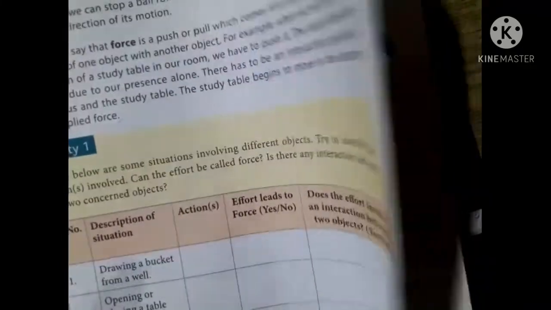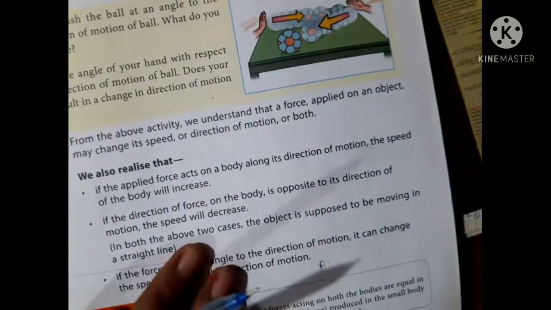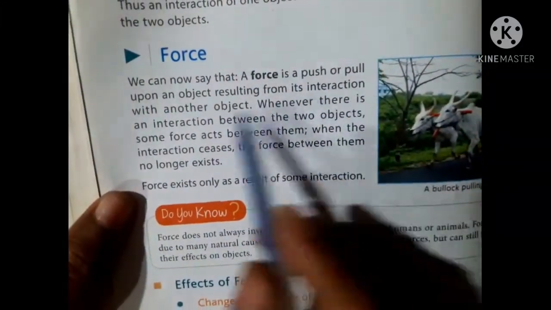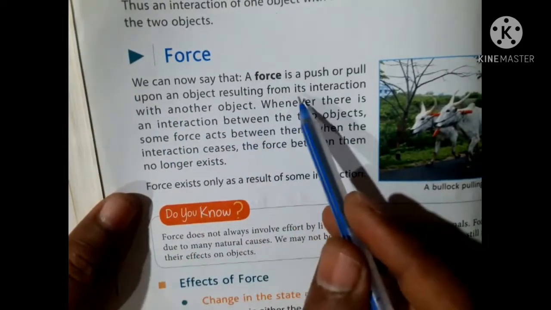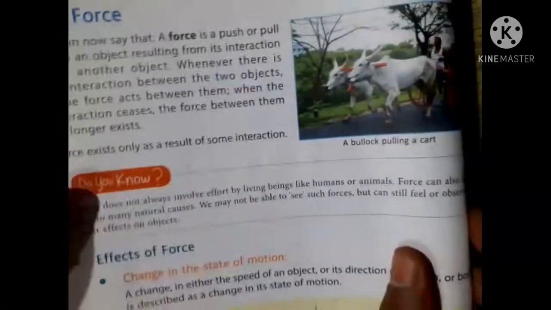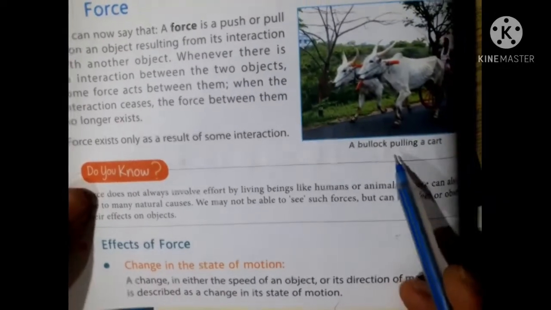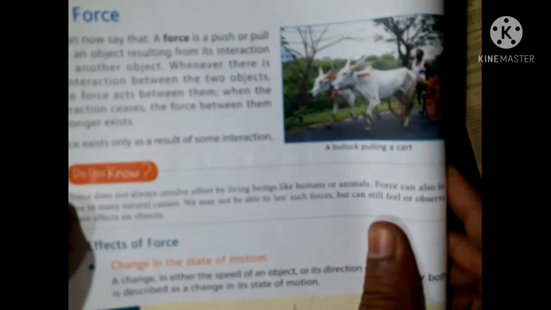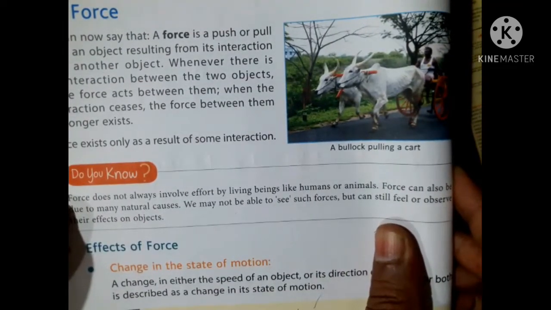Now next thing, once again, a force is a push or pull upon an object resulting from its interaction with another object. Here a bullock is pulling a cart, applying force.